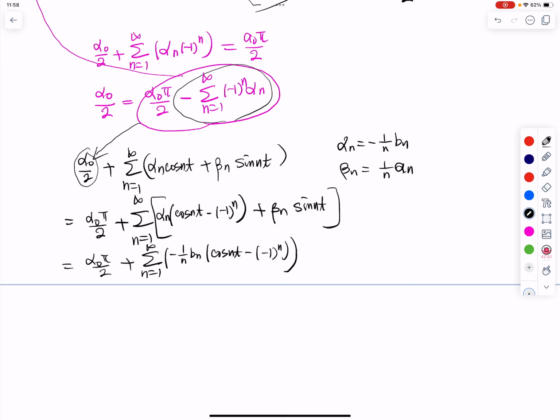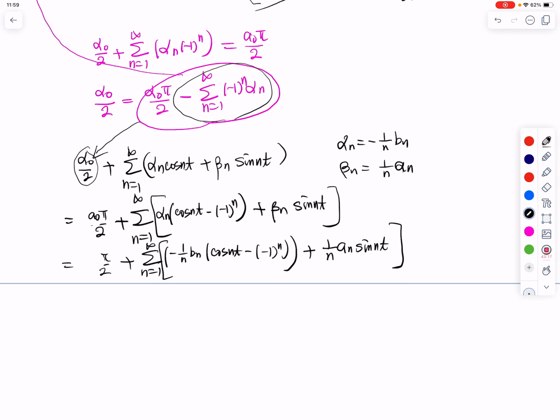I got too many parentheses here. Oh, I made a mistake here. This is not alpha 0, this should be a0 pi, so this is also a0 pi divided by 2. I just replaced alpha n and beta n.